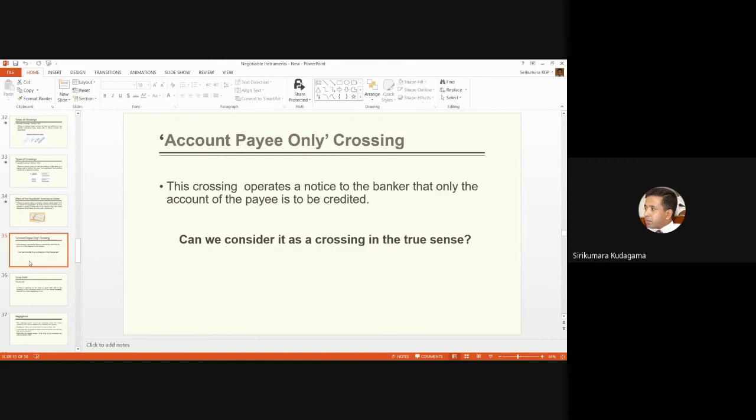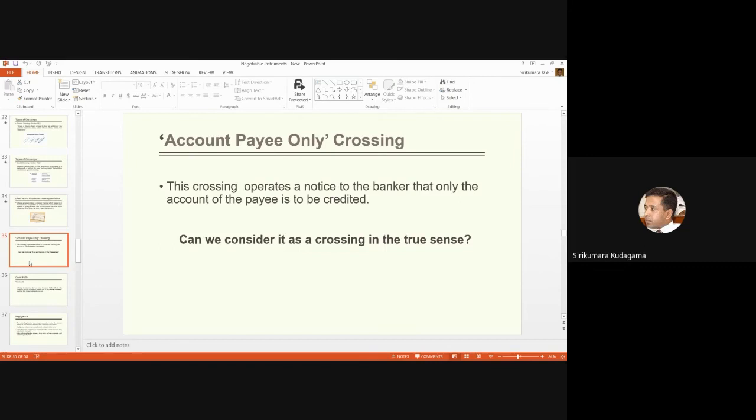When someone is going to endorse a check to you, you see the crossing, not negotiable. Then you need to be careful. What I am getting is not totally free of any encumbrance. Because when I get a check with the words not negotiable, what I am getting is the title of the previous person.